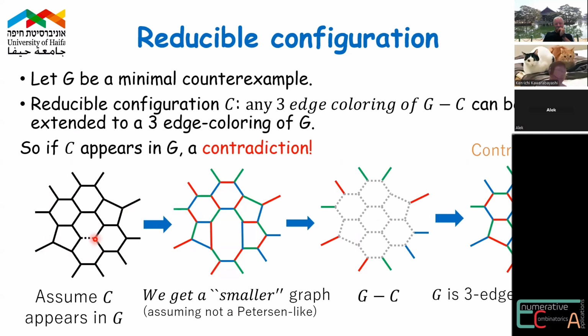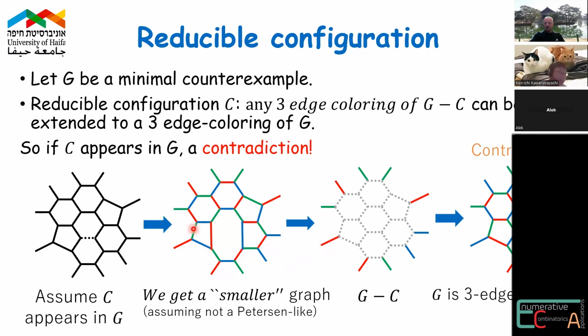Now I just delete these edges. Then this degree 2 vertex becomes an edge like this, and that's exactly this graph, right? Then we get a smaller graph. Assuming this graph is not the Petersen graph, we get a 3-edge coloring because it is a smaller graph. Okay, great.